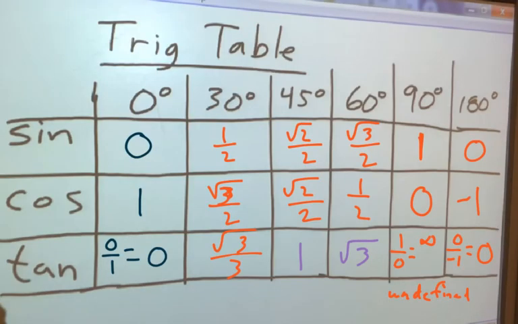Okay? Now, what's the whole point of this table now, guys? And make sure this is not only in your notebook, but also maybe on the front or back of a unit circle somewhere. So it's there for you to look at. So if I was to ask you, for example, what's the tangent of 60 degrees? You know instantly it's square root 3, right?